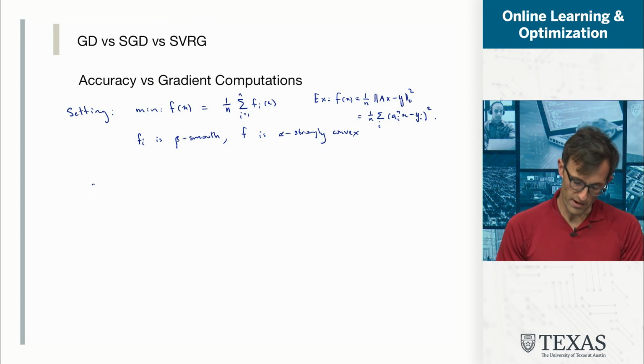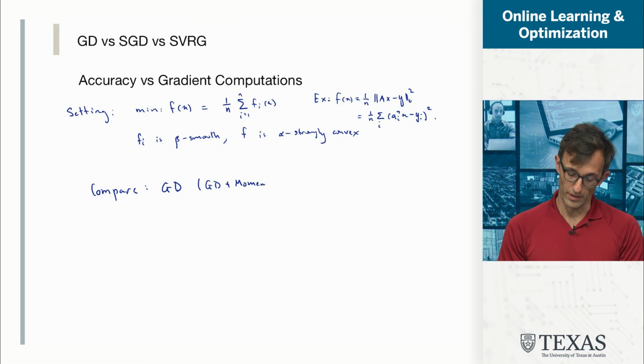And so we're going to compare these 3 algorithms: gradient descent, and actually we're also going to compare gradient descent plus momentum, which is called accelerated gradient descent, stochastic gradient descent and SVRG.